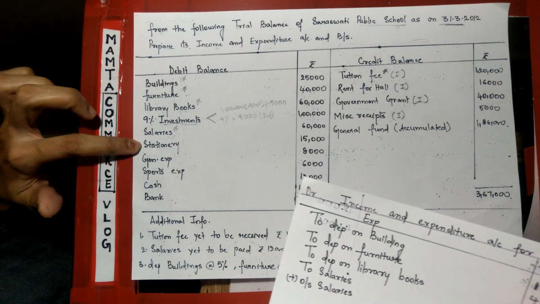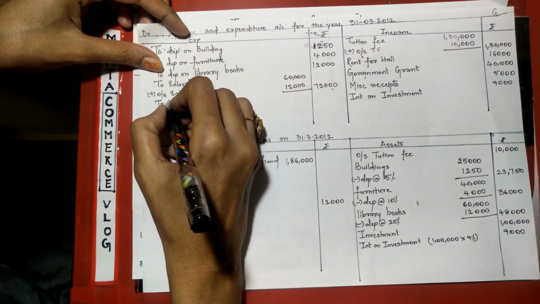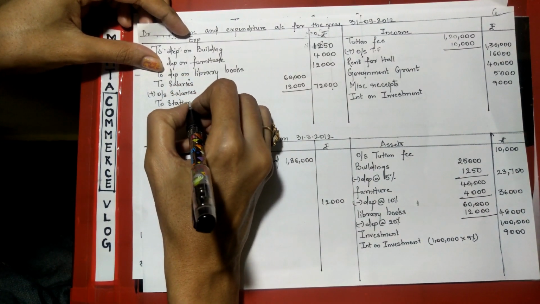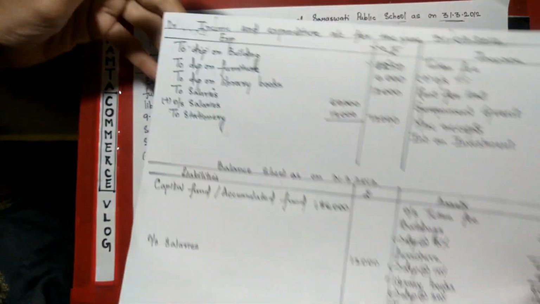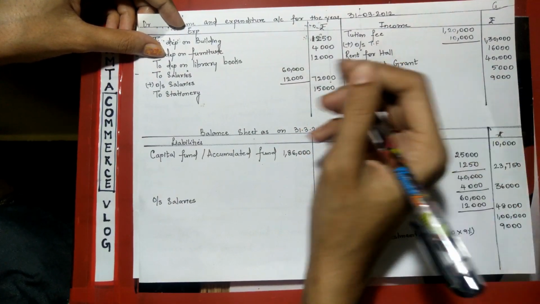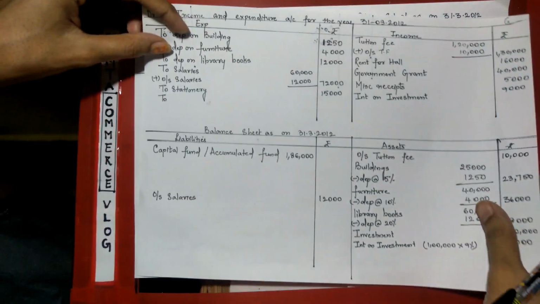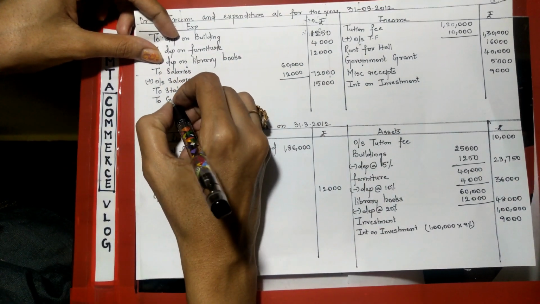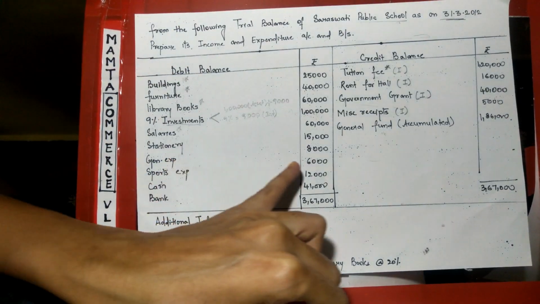Next is stationery, general expenses. So to stationery, and the amount of stationery is 15,000. Stationery is also an expenditure to our school. Then to general expenses, amount is 8,000.